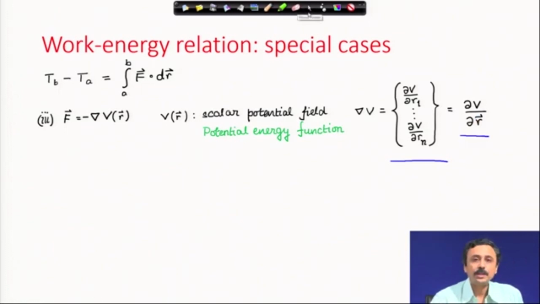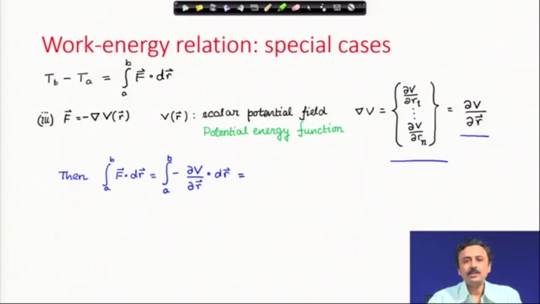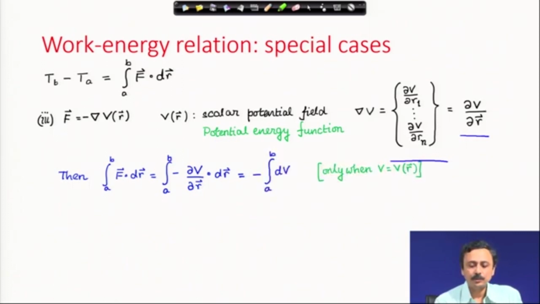If the force is the negative gradient of a scalar potential field, then let us see what happens. F dot dr, this is the work done, is minus del V del R dot dr, and that must be equal to minus dV. Remember, suppose V is a function of x, y, let us say two variables, then what is dV?